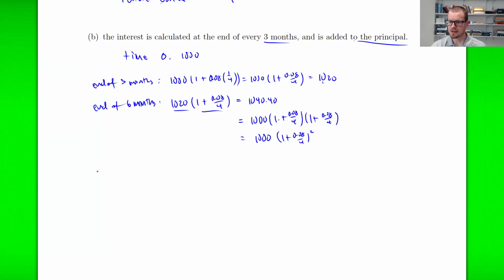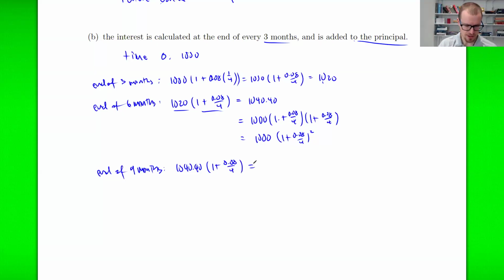All right, so at the end of 9 months, we're now taking this value, the $1,040.40, and we're moving it through 3 months, right, from 6 months to the end of 9 months. So we've got 1 plus 0.08 divided by 4.